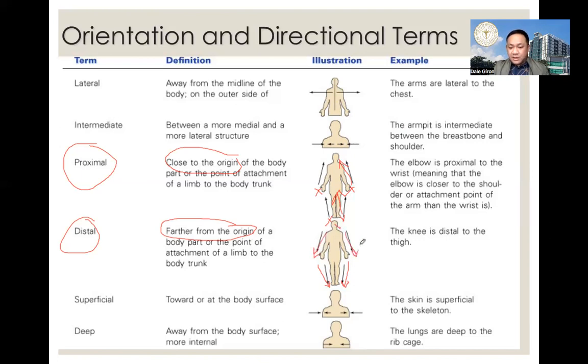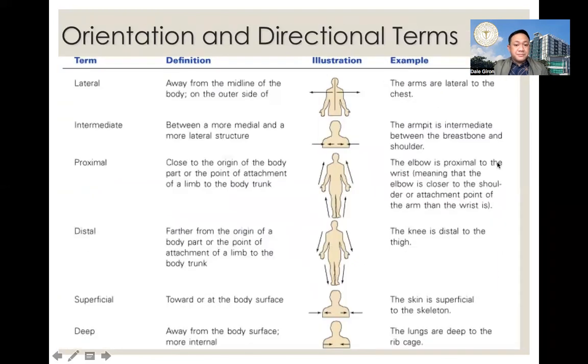Okay, so let's give you some examples. Proximal, the elbow here is proximal to the wrist. Meaning that the elbow is closer to the shoulder or attachment point. So if this is the shoulder or attachment point, our elbow is proximal to the wrist. So tama. If this is the origin, mas malapit si elbow kaysa sa wrist. That's why it is described as elbow is proximal to the wrist.